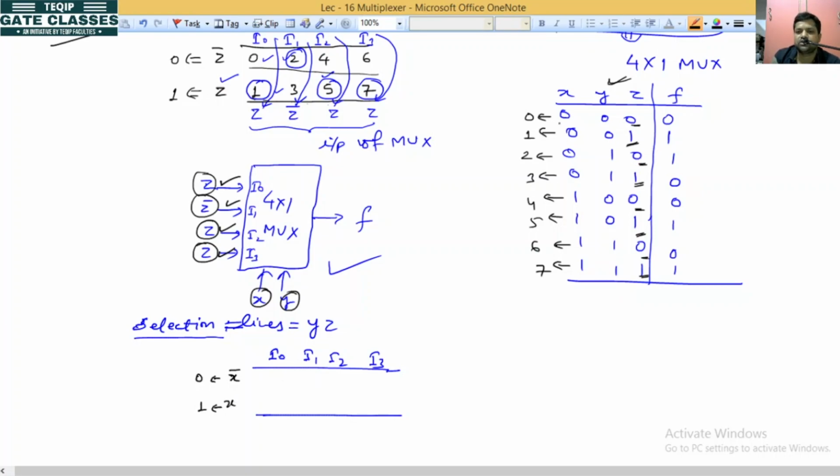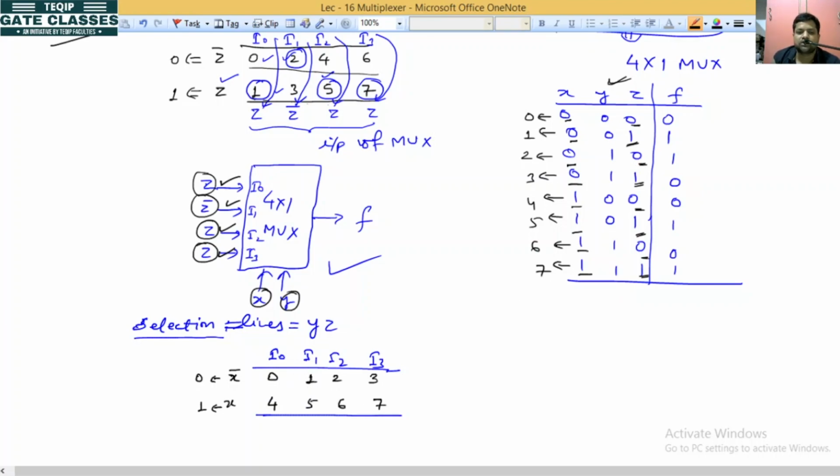If you go to the truth table, where is x 0? x is 0 at 0, 1, 2, 3. Now x is 1 at 4, 5, 6, 7, if you see here. So it will be 1 on 4, 5, 6, 7.